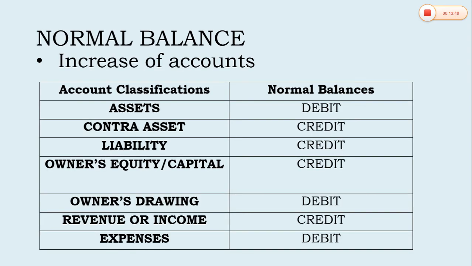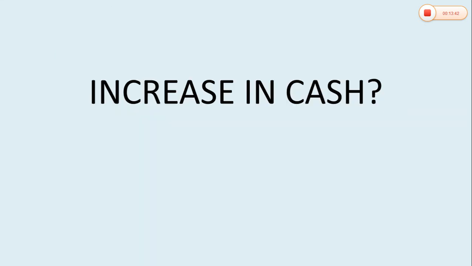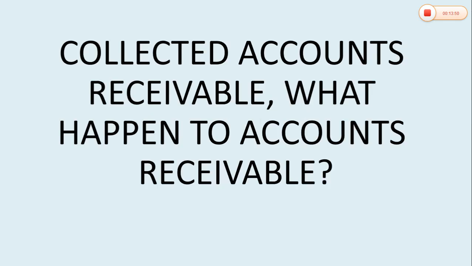So, you tell me if it is debit or credit. Increase in cash, debit or credit? Cash increased, debit. Okay? Next, collected accounts receivable. What happened to accounts receivable? The debts of the customer to you were collected. When accounts are collected, does your accounts receivable decrease or increase?